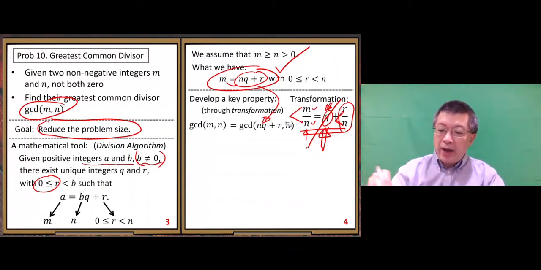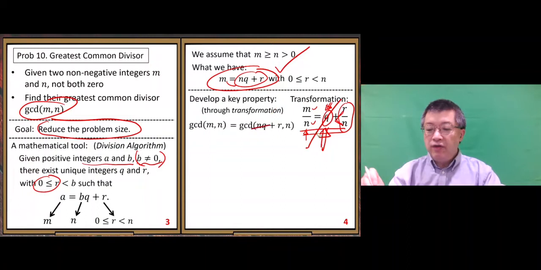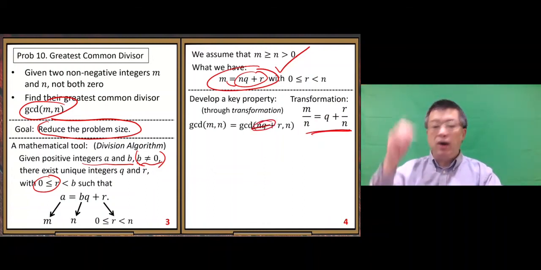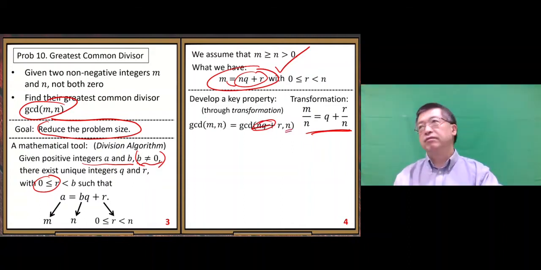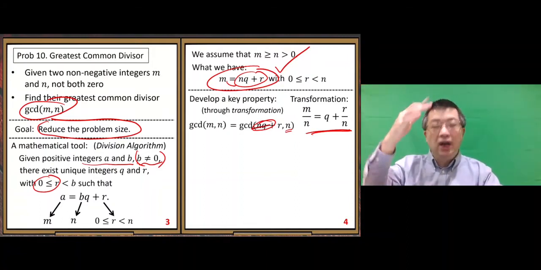So when we go back to the GCD version, based on this observation in this formula, we can cross out this nq part, because nq is a multiple of this divisor n. It won't impact the common divisor of those two variables. So we can remove it.